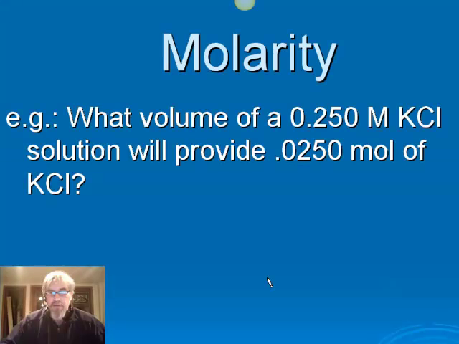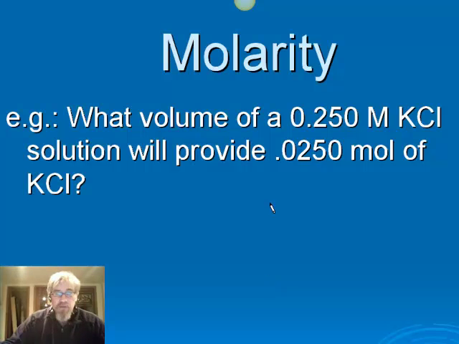You can use this as a convenient factor in dimensional analysis to solve problems like this one. It's asking what volume of a 0.250 molar, that's how we'd say that, capital M, that means 0.250 moles per liter, KCl solution will provide 0.0250 moles of KCl.